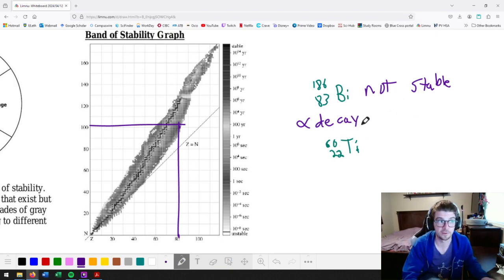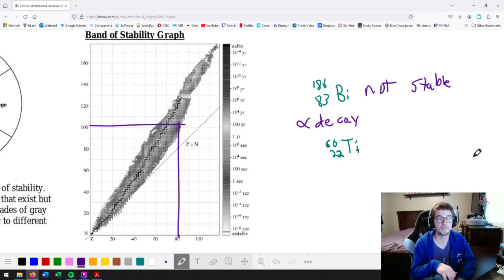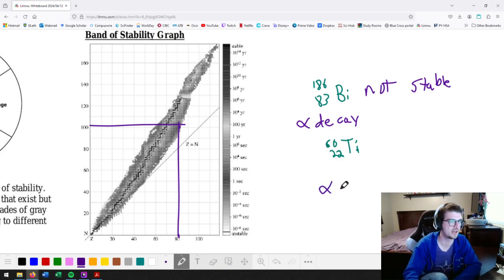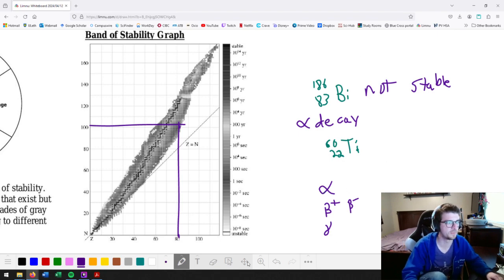An alpha particle. So now we have to talk very, very briefly about the different kinds of radioactive decay. There's alpha, there's beta, there's gamma. There's beta plus and there's beta minus. That's all I can think of right now, so we're gonna roll with that.